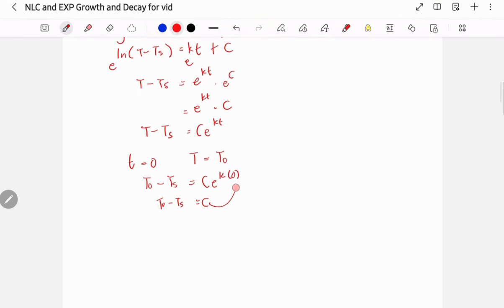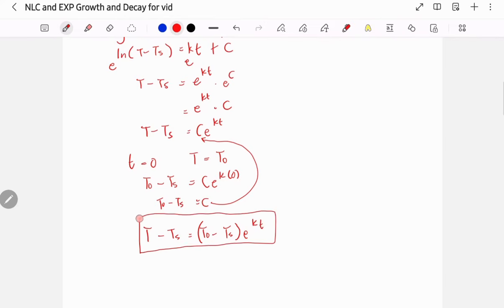Then, we replace C. So this is T minus T sub s equals, C now is T sub o minus T sub s, e to the kt. So this is now the general solution of Newton's law of cooling.